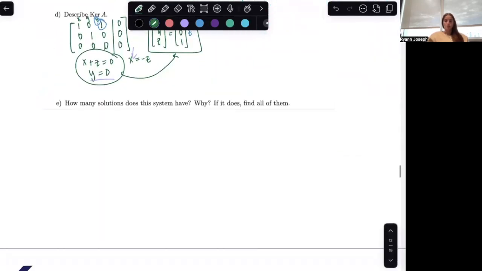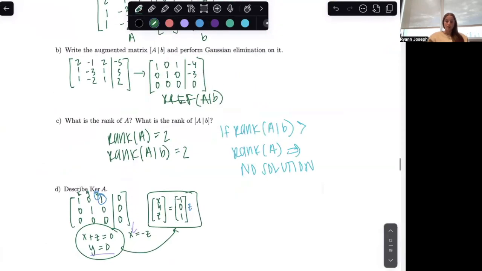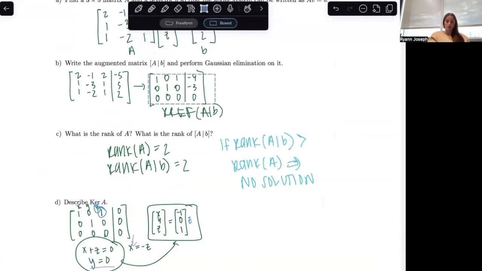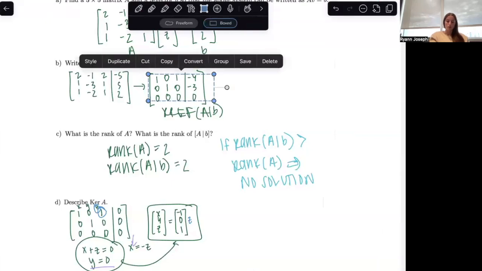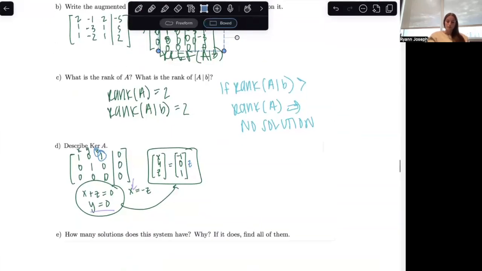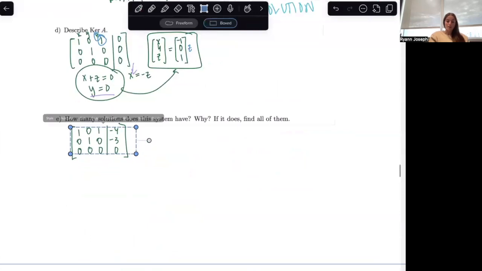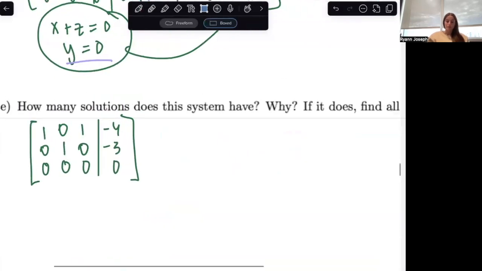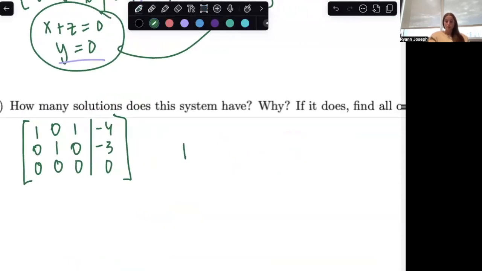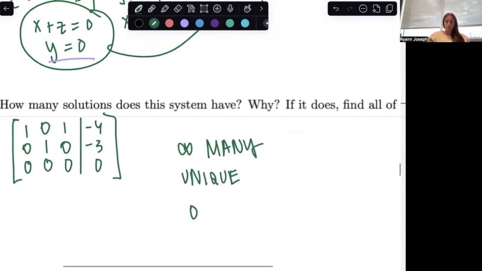How many solutions does the system have? Why, if it does, find all of them. So like we just talked about, back to this question, they're talking about, not the kernel. How many solutions does the system have? Our options are infinitely many, unique, or 0.